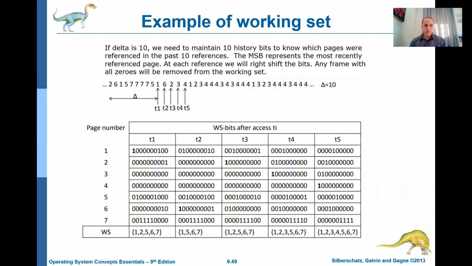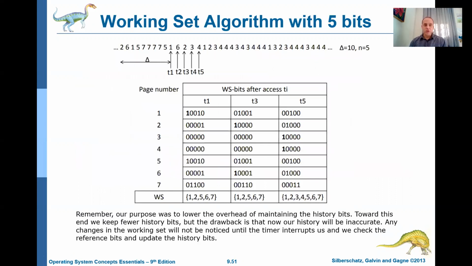So look at this picture. We now have the exact same scenario, except I'm only having 5 bits instead of 10 bits. And at time t1, I will look back at the reference bits. Which ones will have a reference bit associated with them?